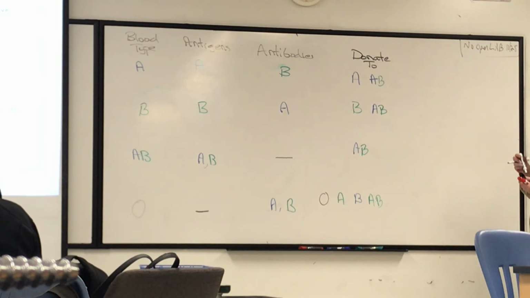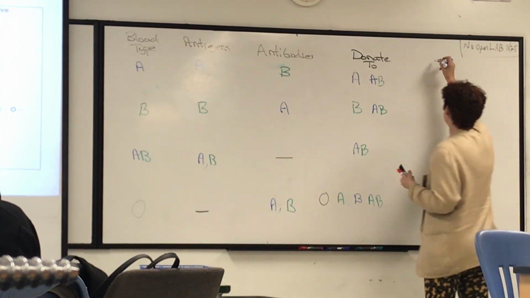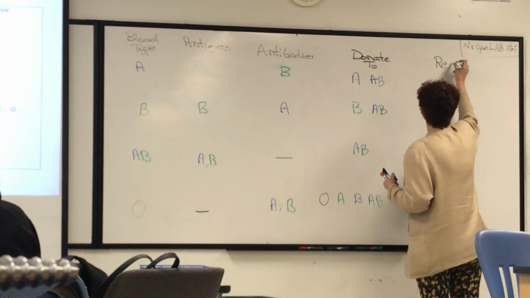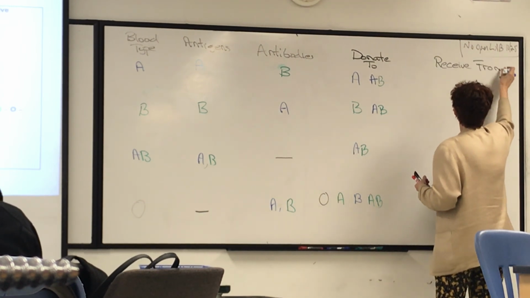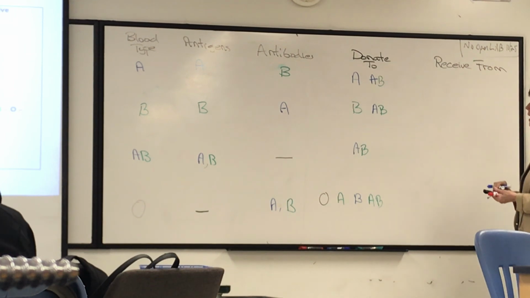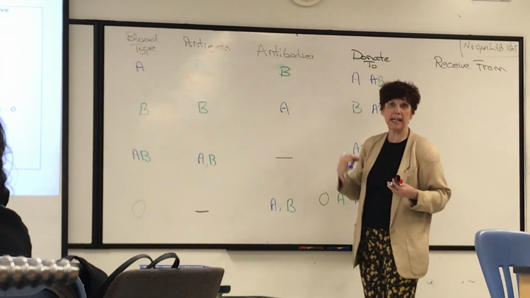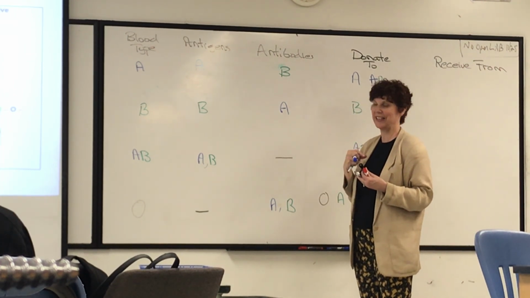All right, next question then is, what blood type can I receive? So if my blood type is type A, what blood type can I get? So it's a similar question, just in reverse. So I can always receive from myself, okay?